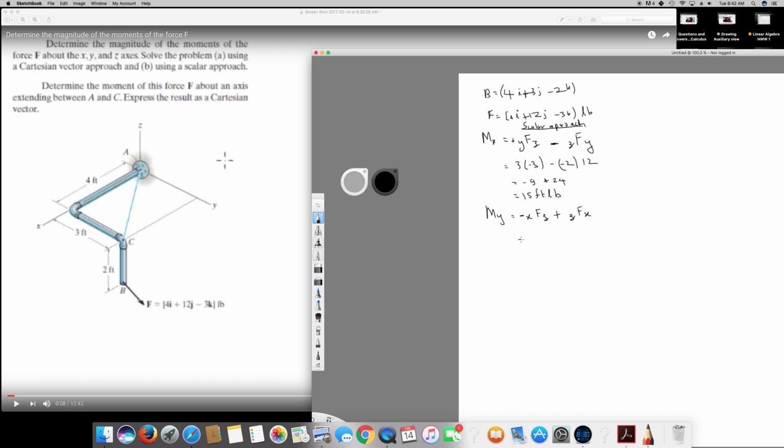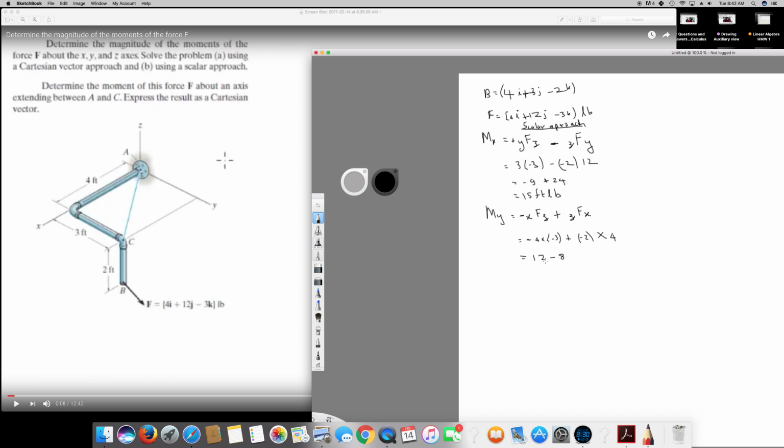So now I'm going to plug in these values. The x value is 4 times Fz, which is here -3, so I'm multiplying by -3, plus the z value is -2 multiplied by Fx, which is 4, which is going to give me 12 minus 8.